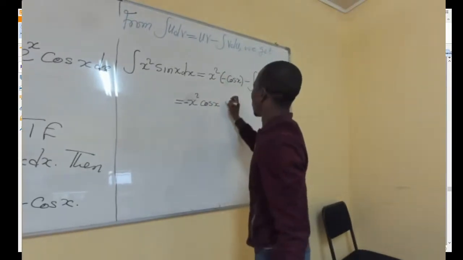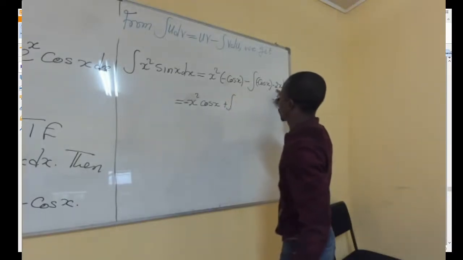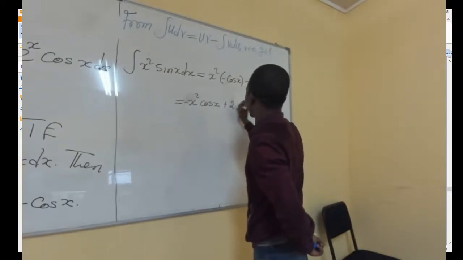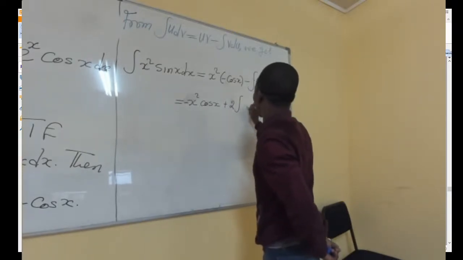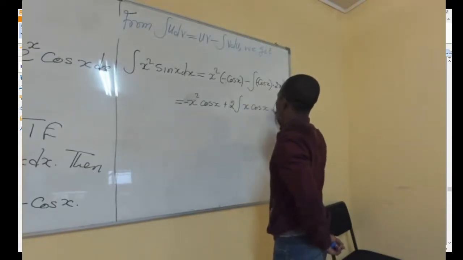Negative and negative will give plus the integral. Because 2 is a constant, we can just factor it out: 2 times the integral of x cosine of x dx.